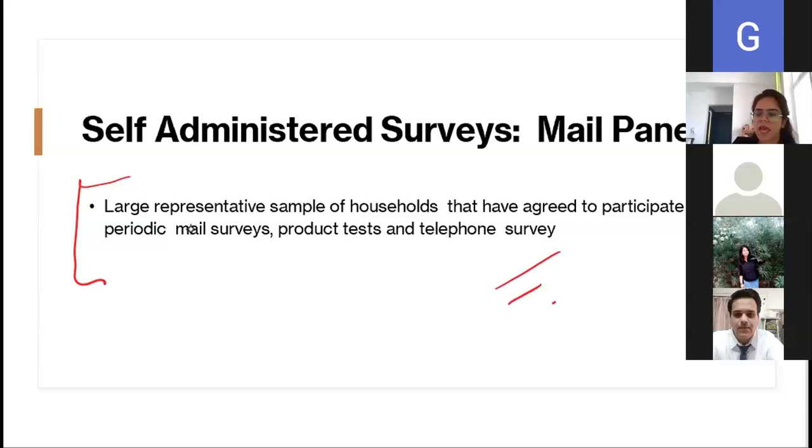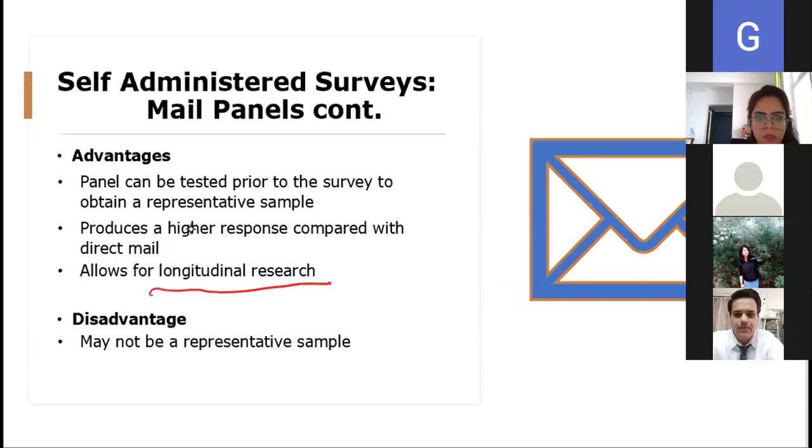Companies have already taken them into the panel, and they have already been informed that many surveys will be conducted, and they have agreed to be a part of that panel. So the non-response rates are lower in this case because people have already agreed to participate.